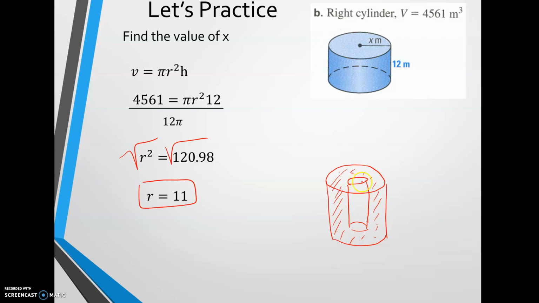It's like this middle part is gone. It's going to give you the diameter or the radius, I can't remember, and it's going to give you this length right here. So when you're solving this very last problem, think about a paper towel roll. You want that middle part gone, so you just want the volume of what's left over.